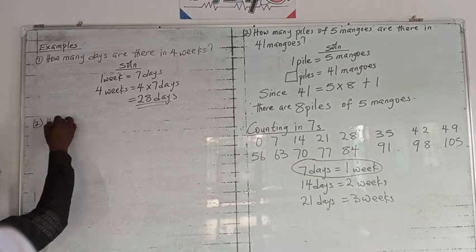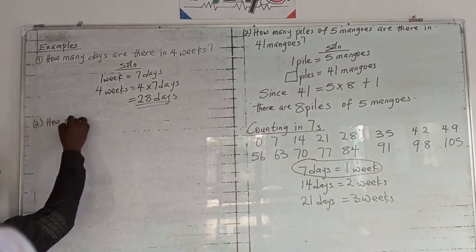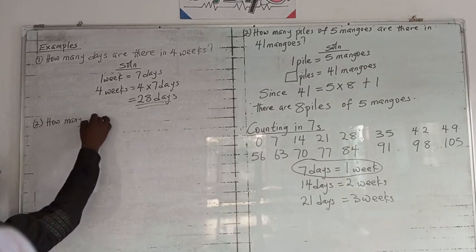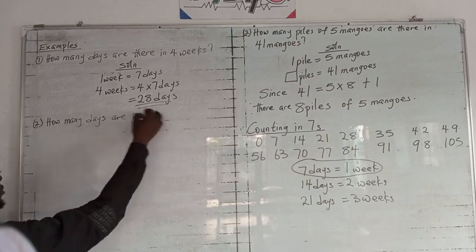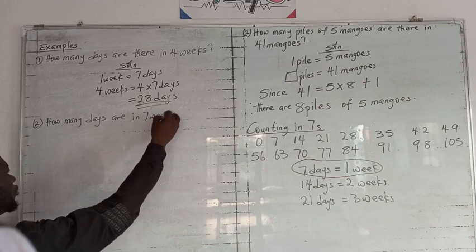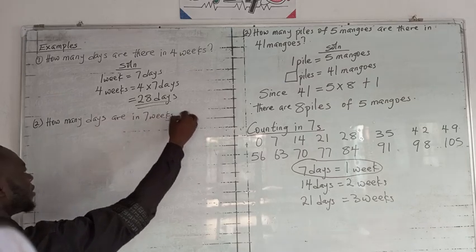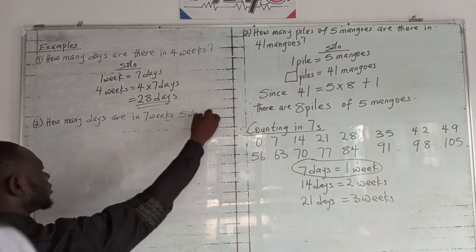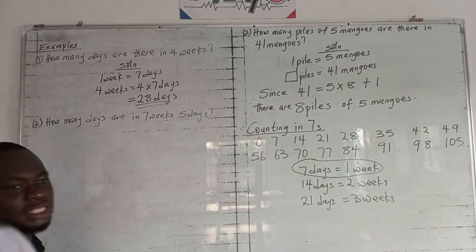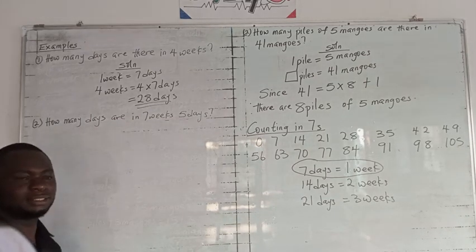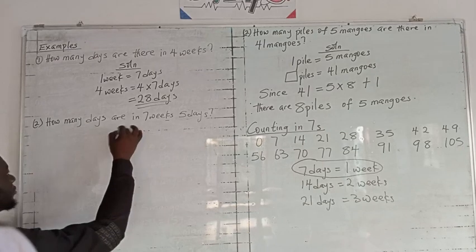It says, how many days are in 7 weeks, 5 days? Solution, let's solve.